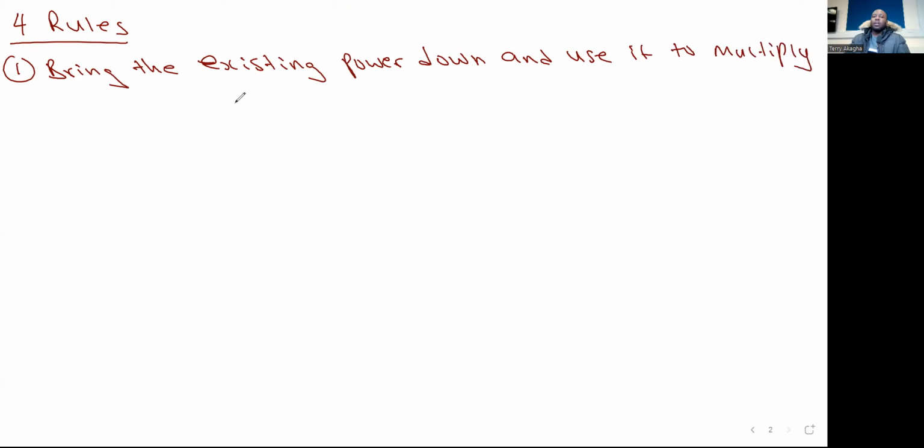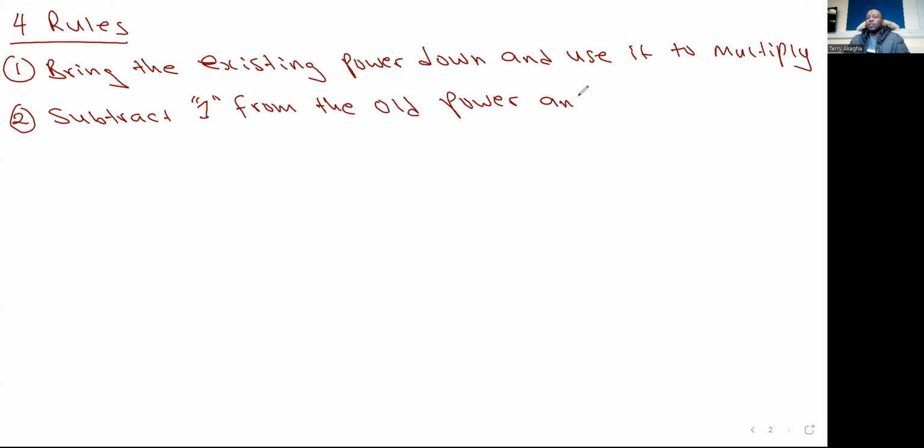Then after you've done that, the next thing, you subtract 1 from the old power and use the new power.